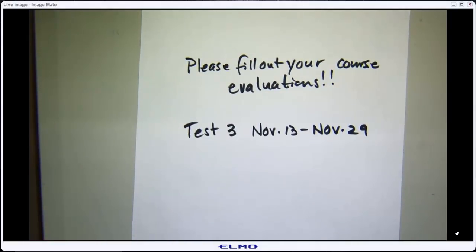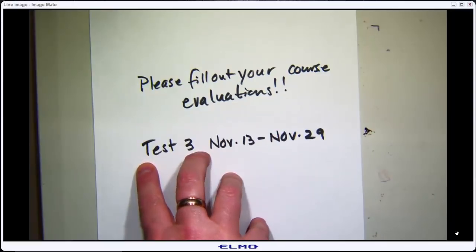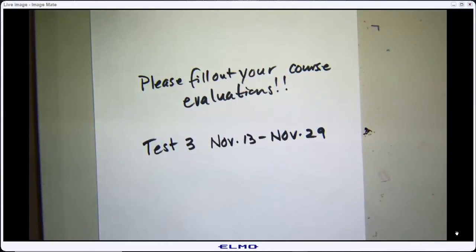So, indeed, I consider the final exam test 3 because this isn't necessarily a cumulative exam. The material that will be covered on test 3 is from November 13th to November 29th, so this Thursday.